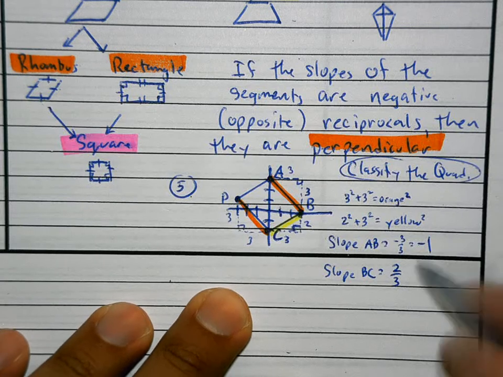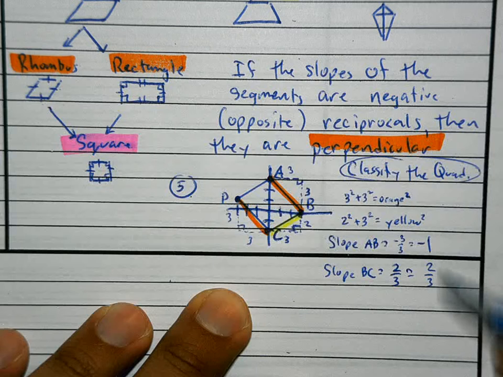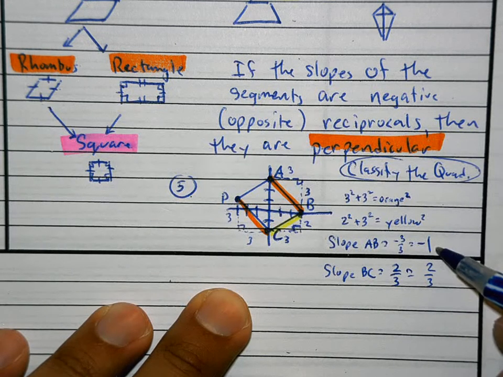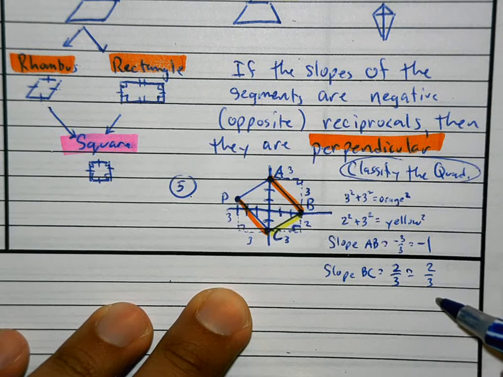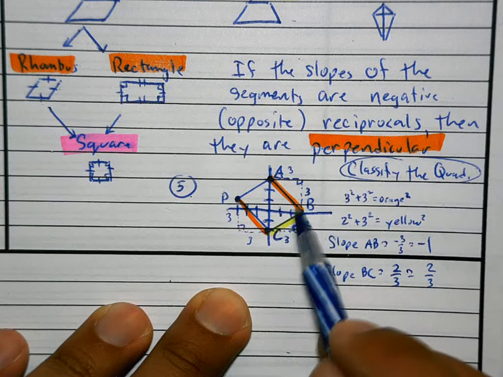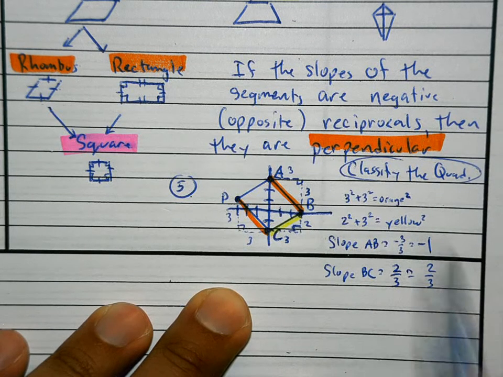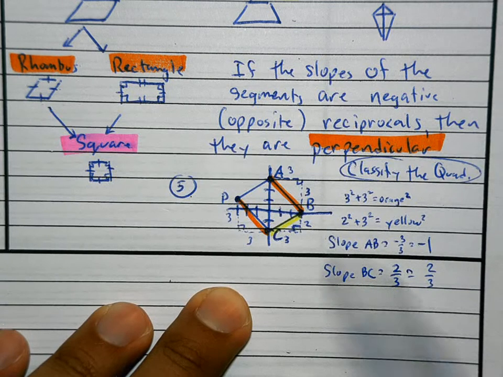So now my question to you is, are these negative reciprocals? If this is 2 over 3, is that negative 3 over 2? Or if this is negative 1, is that a positive 1? Are they opposite reciprocals? Is this a right angle? That's what I'm trying to figure out. I can check to see if their slopes are opposites. They are not opposites.